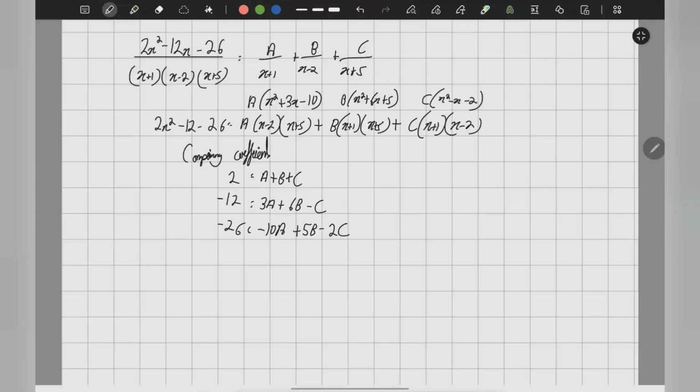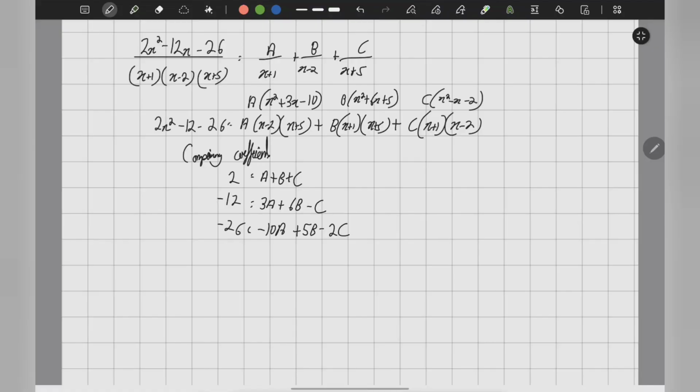Okay, now we have our equations. You can do this manually, which is quite long, like getting 2 variables, eliminating one, doing it again to get 2 equations and solving it. Or you can just put it into your calculator. Your calculator should be able to solve 3 simultaneous equations. I'm just going to put this into my calculator to see what I would get.